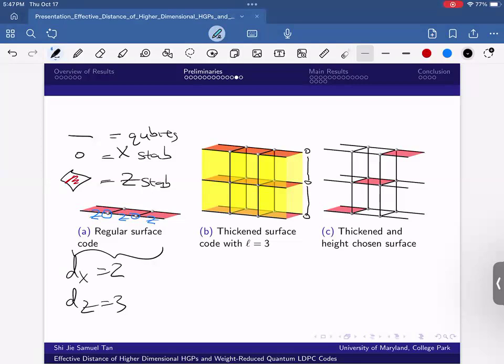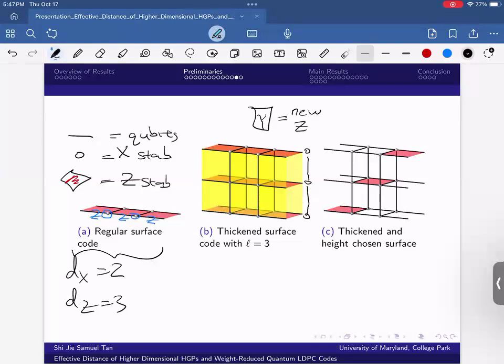And then all the red squares are still your Z stabilizers. So now you can think of them as having copies of the same codes at different heights. Between each layer, you have new quantum bits as well as checks to connect them. The yellow ones, I don't know how to create yellow on this color, but I'm just gonna write Y here, are our new Z stabilizer generators.